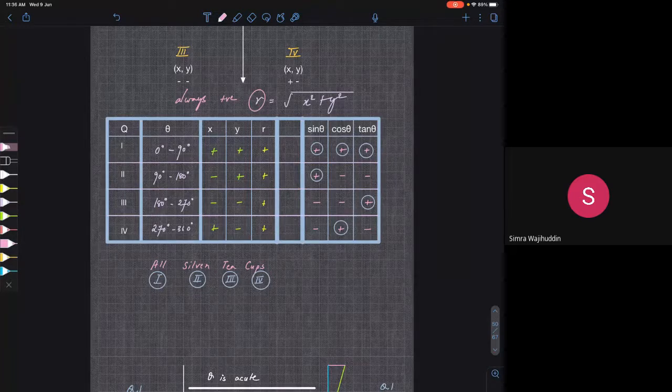In the last class, we have seen several things, right? We have seen how to find the trigonometric ratios of angles greater than 90 degrees.